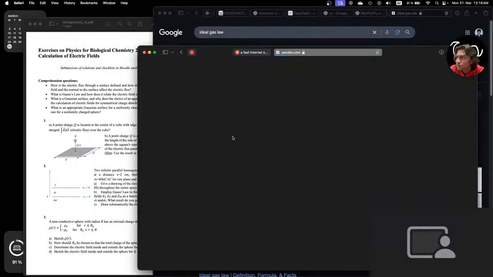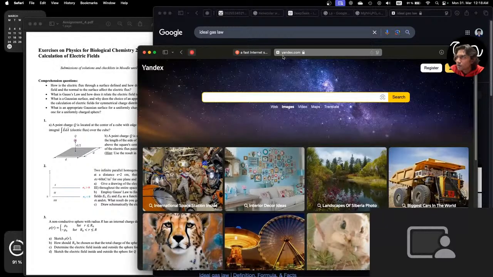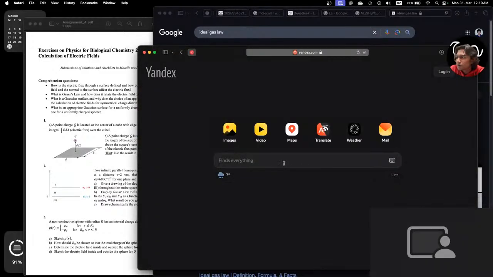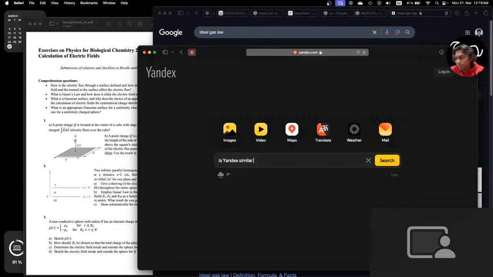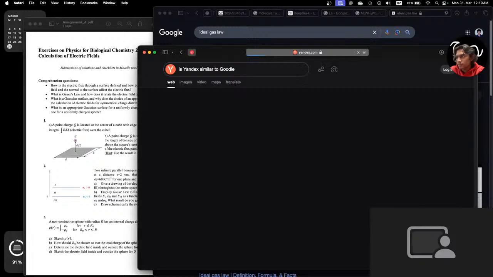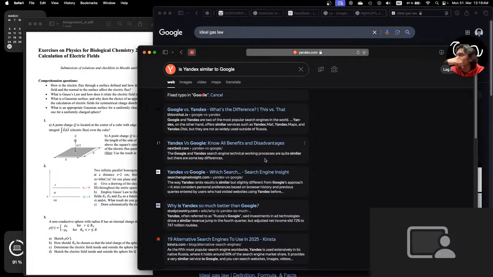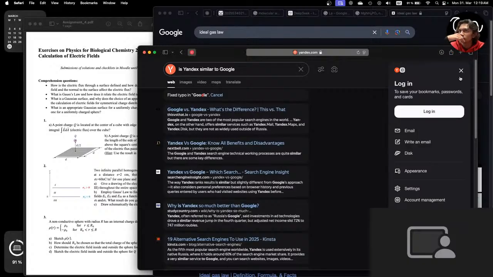Two most popular. Okay. They're kind of like Google. They got maps, they got translators, they got AI, they got everything. Okay. Interesting. I did not know such a thing exists.